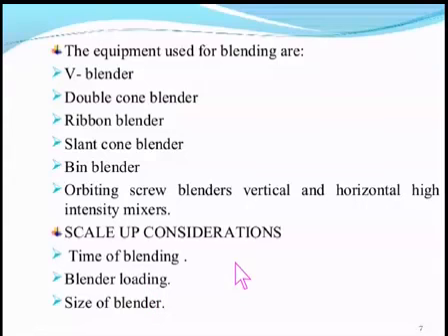As we know, the capacity of the blender available in the large scale manufacturing area, accordingly we have to select the relevant blender in the pilot plant, and we also have to decide upon the blender loading, that is, how much percentage of the material should be charged in one go, so that the operation will be completed in the shortest duration to give the perfect blending.